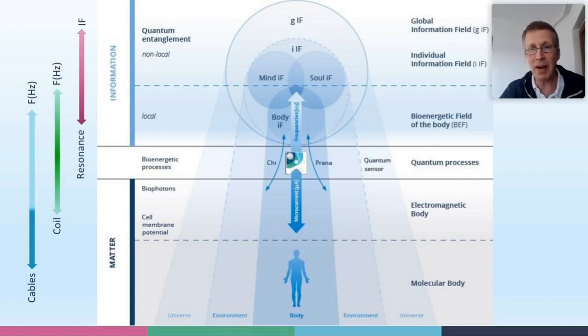It's connecting by an ongoing process, and these processes in ancient traditions are called chi or prana. In modern terminology, we call it bioenergetic processes or quantum processes. And this is the level from where Healy is supposed to work and connect us and increase our coherence.